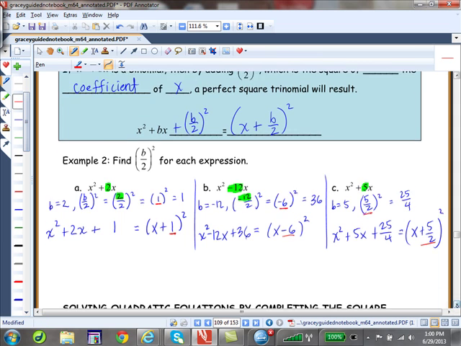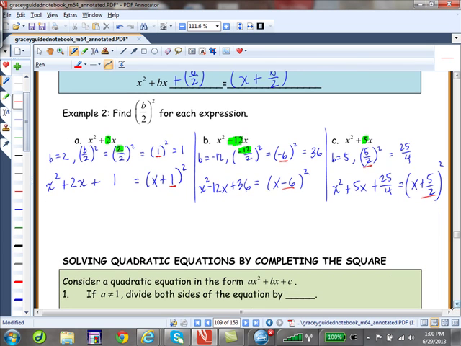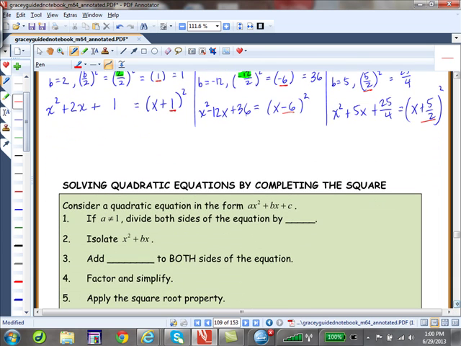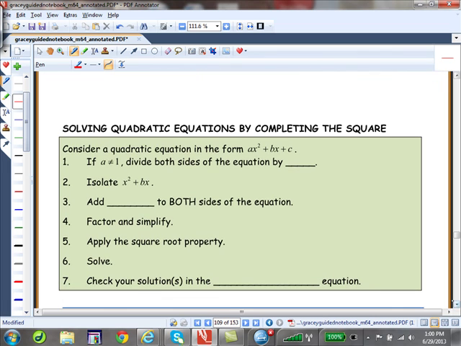Okay, so solving quadratic equations by completing the square. What we have the benefit of here is that you've got an equation, so you can add the same thing to both sides, divide the same thing from both sides, etc. So here we go. If a is not equal to 1, remember a is the coefficient of your squared term, you divide both sides of the equation by a.